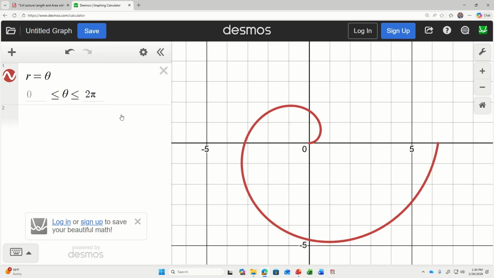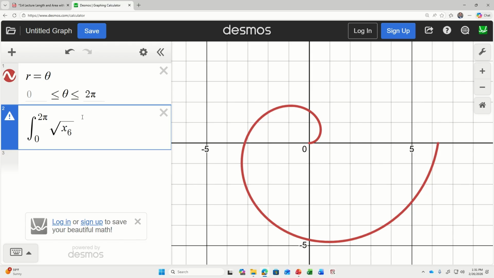I feel like it should be. Let's take an integral from 0 to 2 pi of square root x squared plus 1 dx. 21.26. Yeah, that's it.